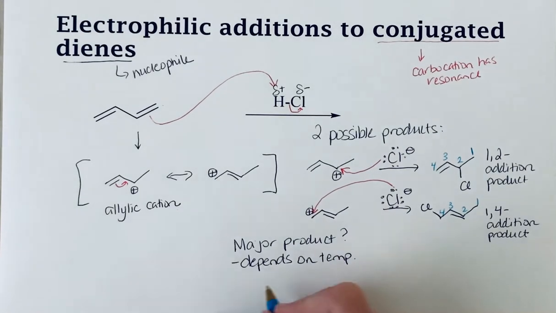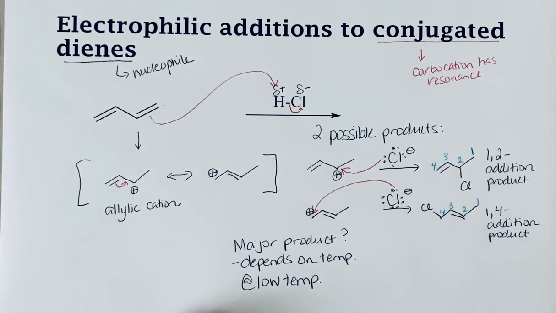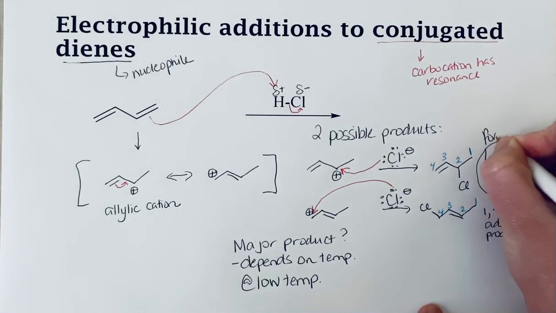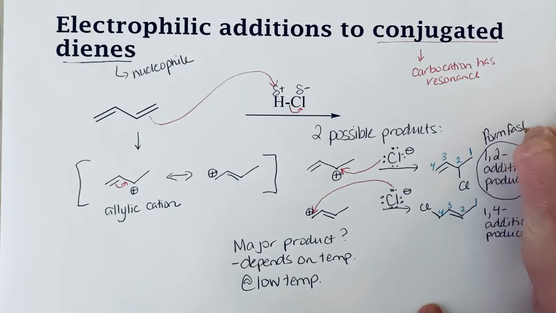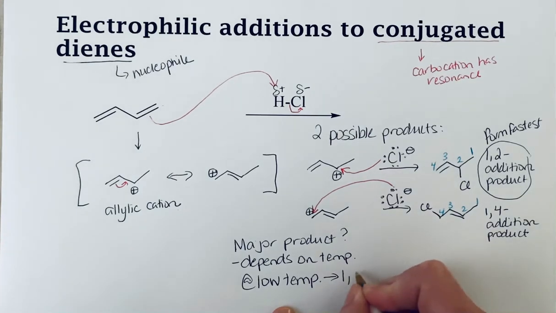So at a low temperature, this is what we call kinetic conditions. This means that the product that forms the fastest will be the major product. The product that forms the fastest will always be this 1,2 addition product. And so the 1,2 addition product will always be the major product at low temperatures.